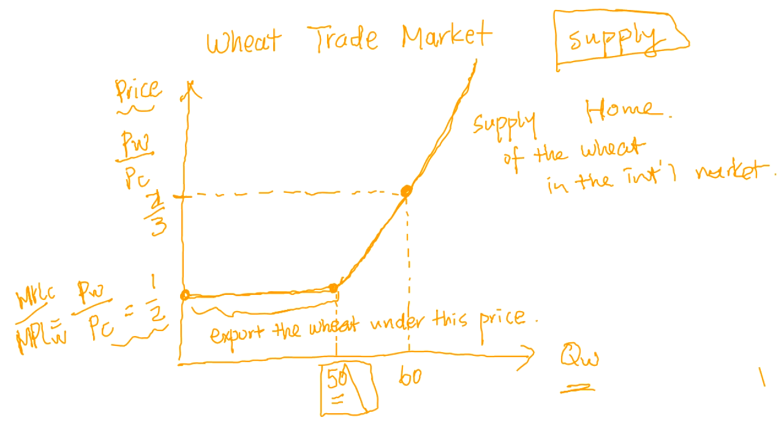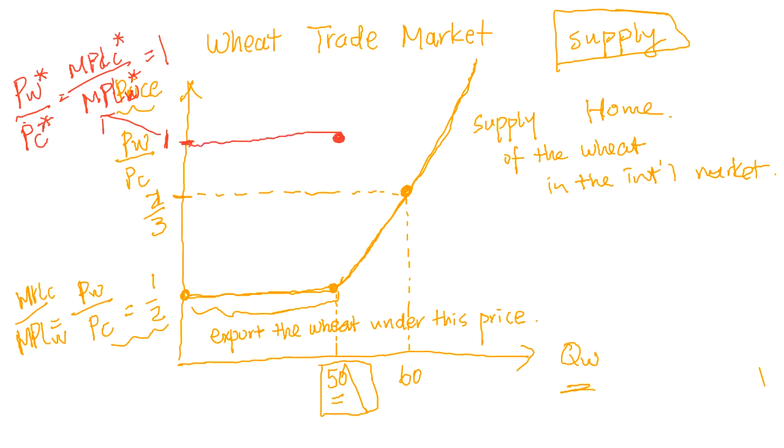On the other hand, the foreign country originally has a price vector equal to 1, right? This is calculated based on this. So they will import the wheat.